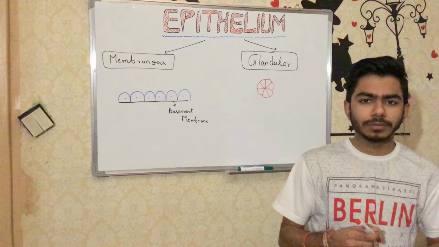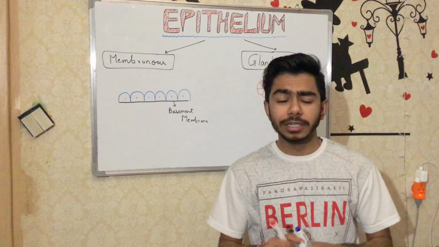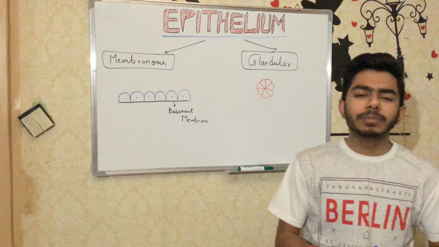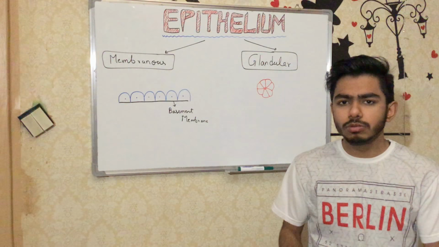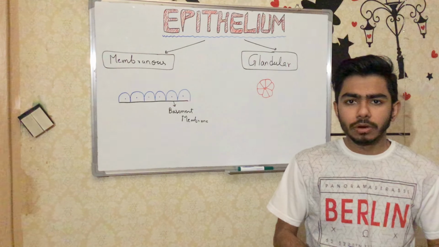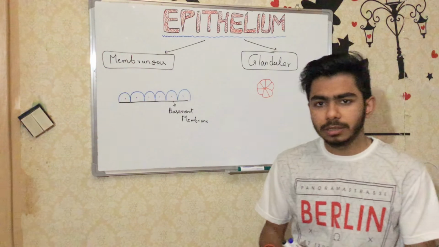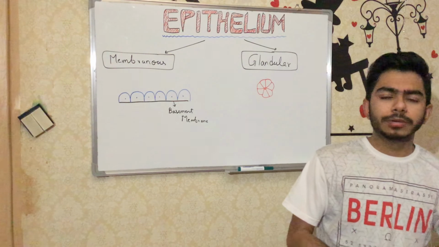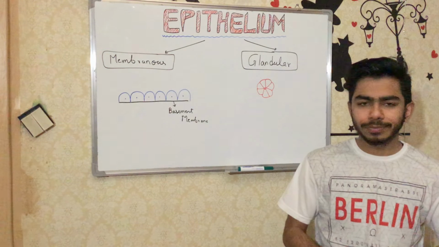Further, epithelium can be present in body tubes too, for example the urogenital system or the GIT, the gastrointestinal system.